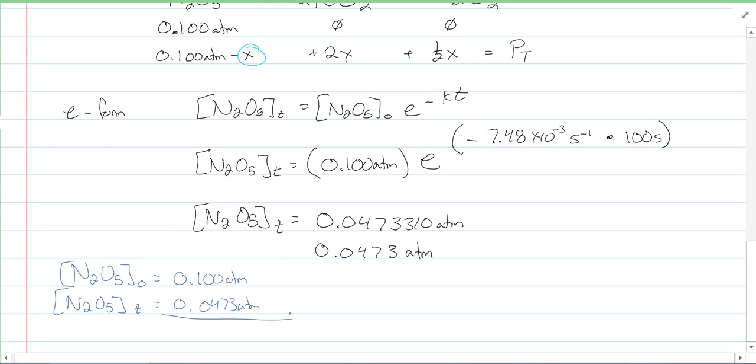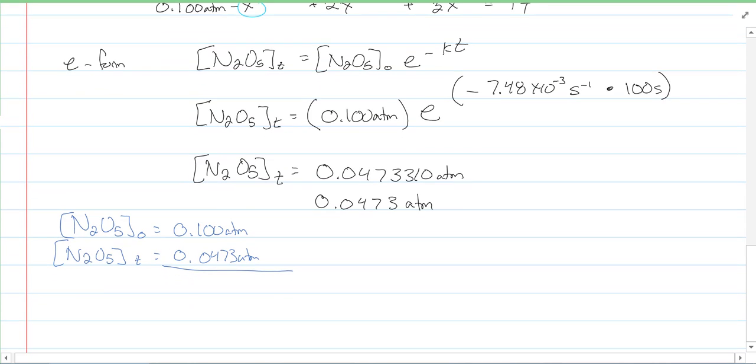So if we subtract those, I will get 0.053 basically atmospheres. That's how much reacts.